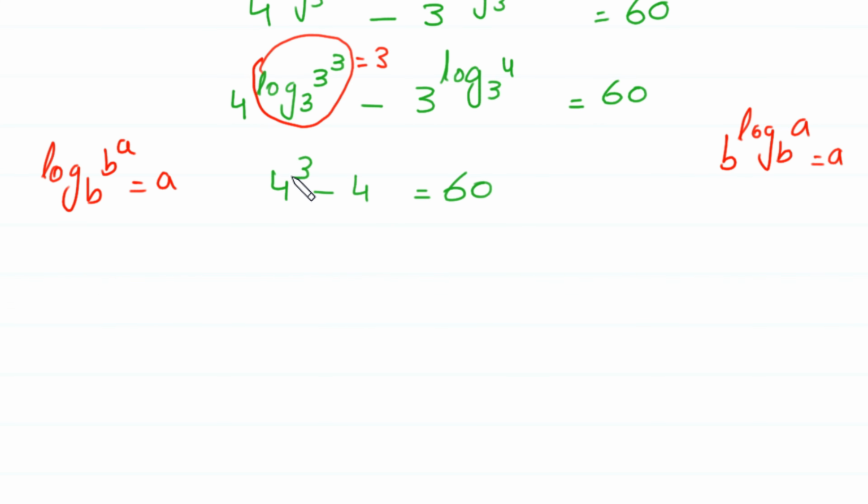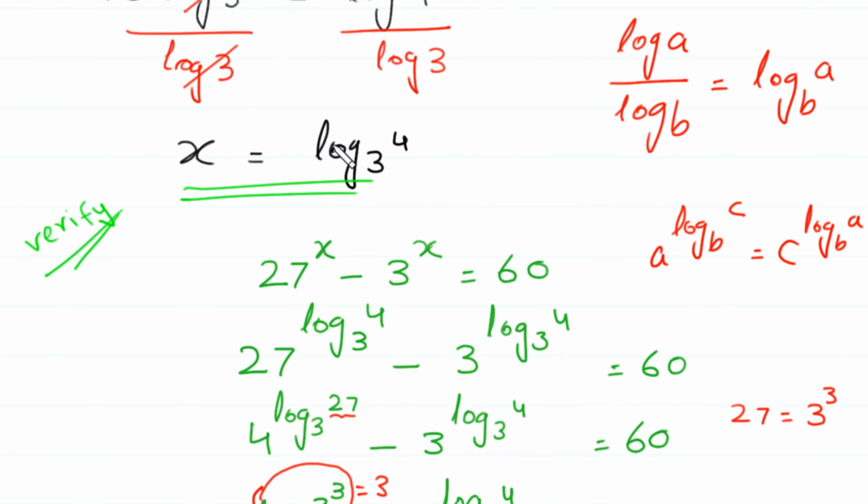And 4 to the power 3 is 64, minus 4 is equal to 60, and 64 minus 4, 60, is equal to 60. You can see that the left hand side is equal to the right hand side. So it is proved that the value of x, log base 3 of 4, is correct.